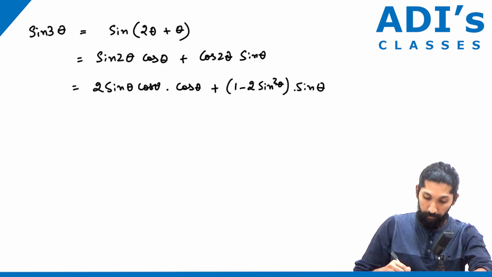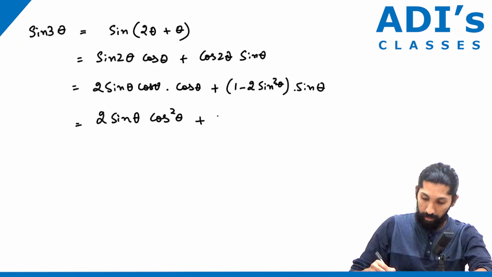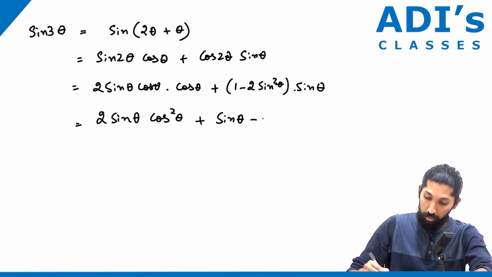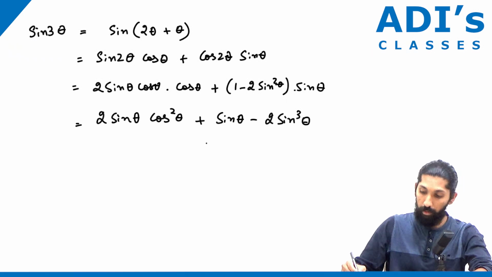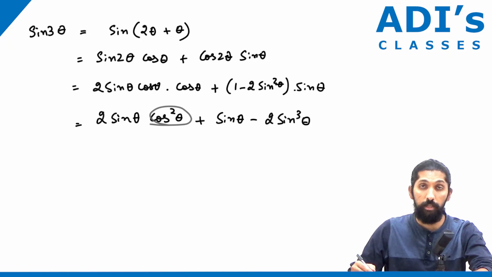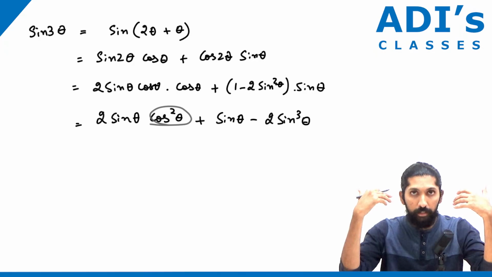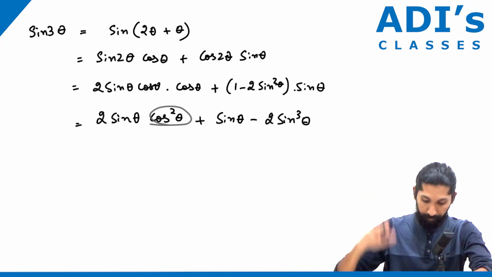Now we are going to have 2 sine theta into cos square theta plus sine theta minus 2 sine cube theta. Now here what we have this cos square, no? Convert the cos square into 1 minus sine square. Like basically what are we doing? We are keeping everything in terms of sine. That's all. Very easy.